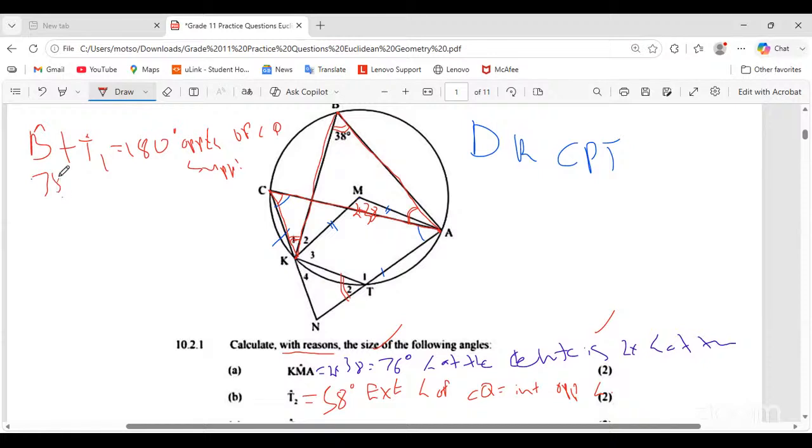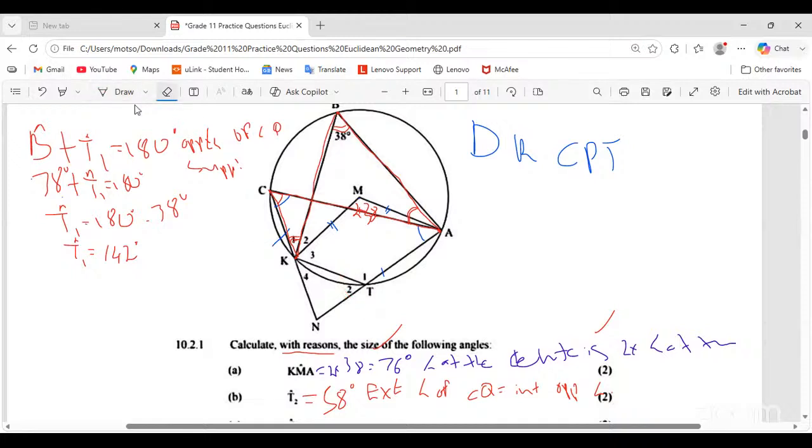Now, B is 38 degrees. Making angle T1 the subject of the formula, T1 is equal to 180 degrees minus 38 degrees, which gives 142 degrees.